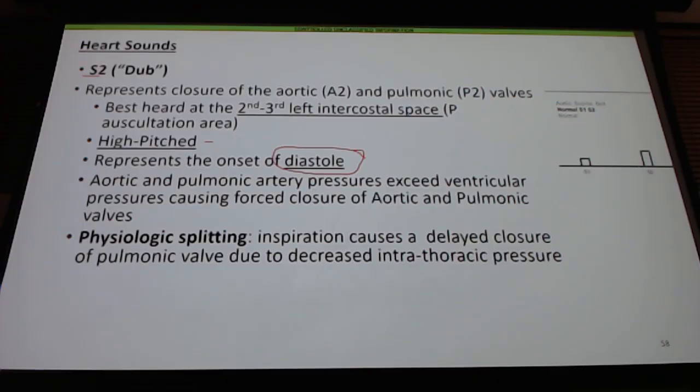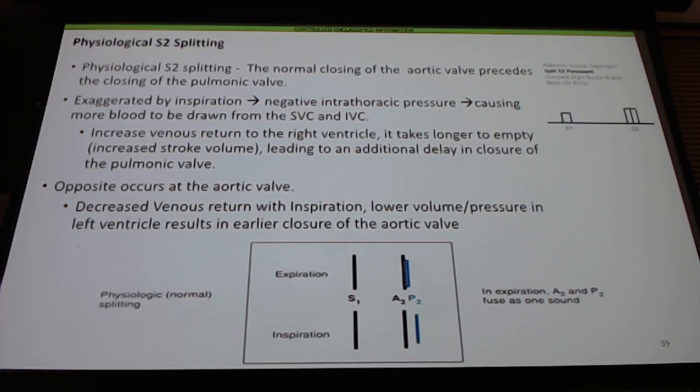We also talked about how there is this normal physiologic splitting of the S2, which represents the difference in closure of inspiration versus expiration. With inspiration, because you're having all that extra volume coming back to the right side of the heart, you keep that pulmonic valve open longer, but then also you hold on to extra volume in the vasculature of the lungs, so you get a premature closure of the aortic valve, so you see the A2 actually move to the left.